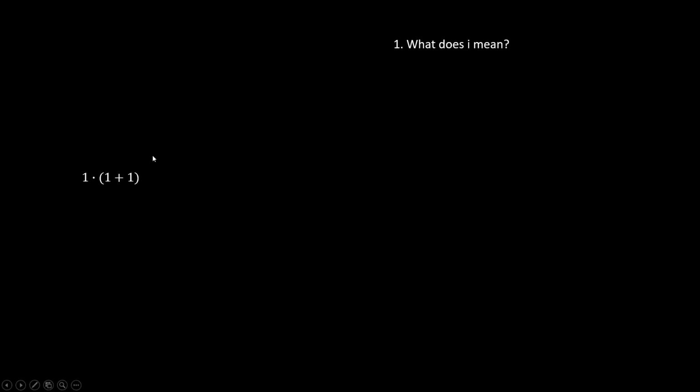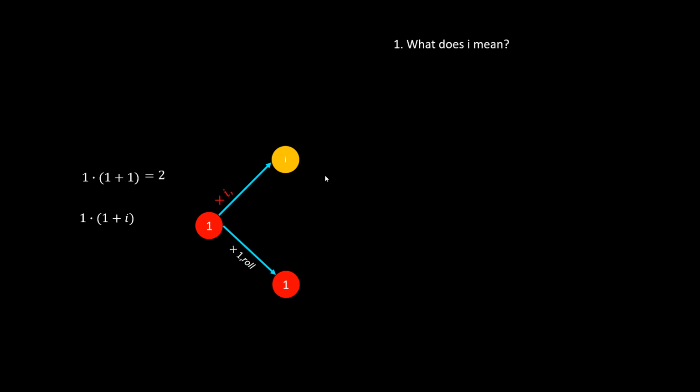When we multiply 1 by 1 plus 1, we get 1 plus 1, which is 2. But if we multiply 1 times 1 plus i, times 1 remains 1, but times i gives us i. And we would just leave it like that. Why don't we add them up and say it's 2?